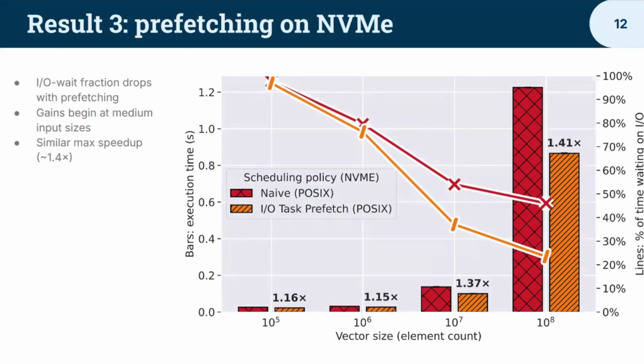From NVMe, starting on this, for this size of vector, this number of elements, we can see that we spend this ratio of time waiting for IO. Since we don't have prefetching in this red line case, the rest of the time is doing computation. So we have this opportunity to overlap the two.